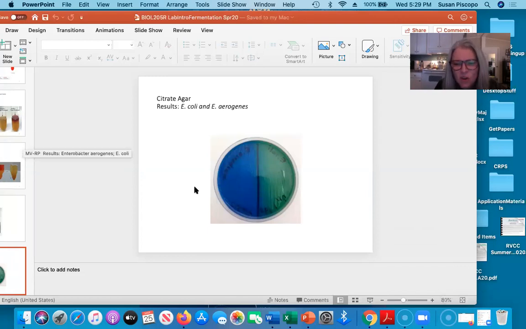As you can see over here where it's green, this is the E. coli side. So it's typical for E. coli to not ferment citrate. It just can't do it. But on the right, here's our Enterobacter. Enterobacter aerogenes is quite capable of fermenting citrate. And when it does, the indicator dye turns blue.